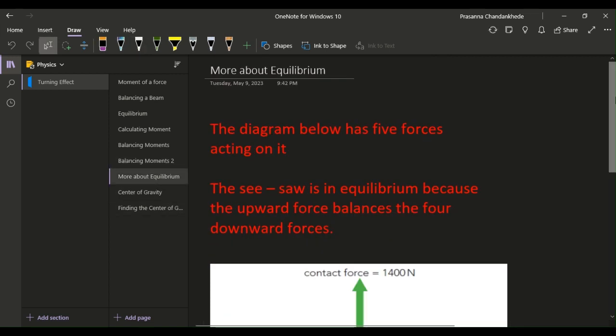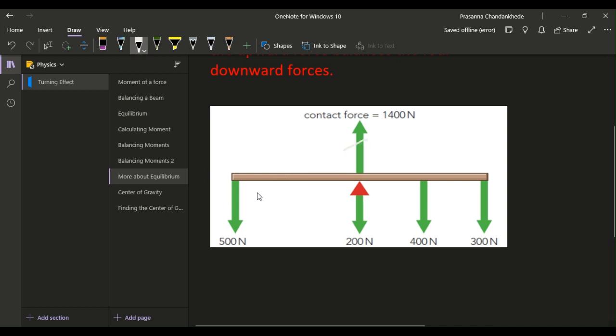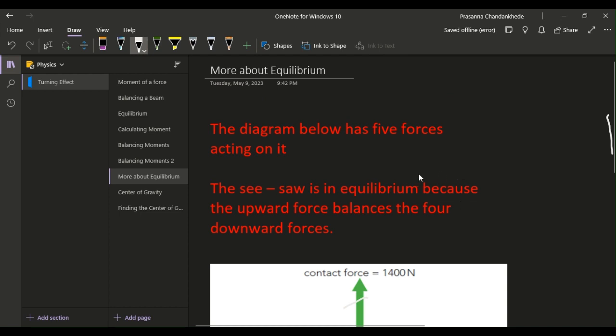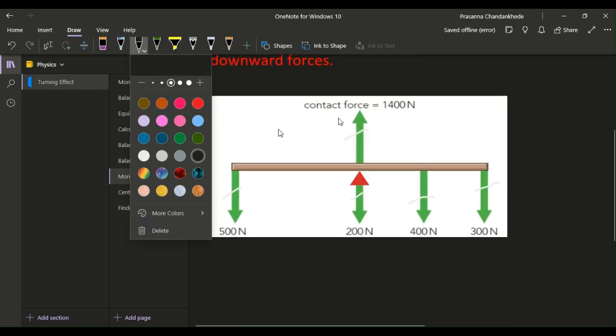More about equilibrium. The diagram below has 5 forces acting on it. These are the 5 forces: first force, second force, third force, fourth force, and the fifth force. So the seesaw is in equilibrium because the upward force balances the 4 downward forces. Whenever you see a question like this, just do that.